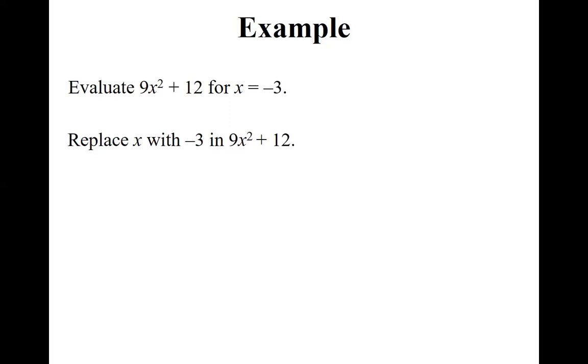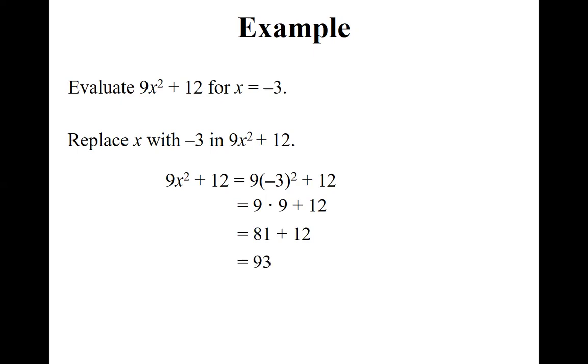So when we make our replacement, we have to be sure to use parentheses, because the entire -3 has to be squared just like the entire x was squared. (-3) squared is +9. We have multiplication, we have addition. Multiplication would come first. 9 times 9 is 81. 81 plus 12 is 93.